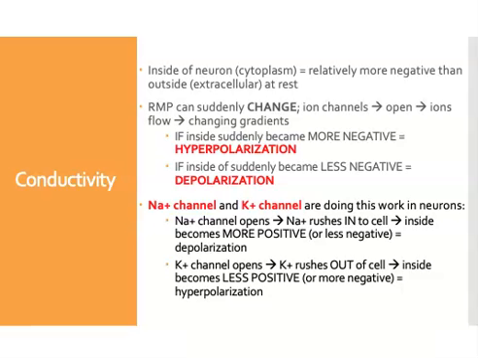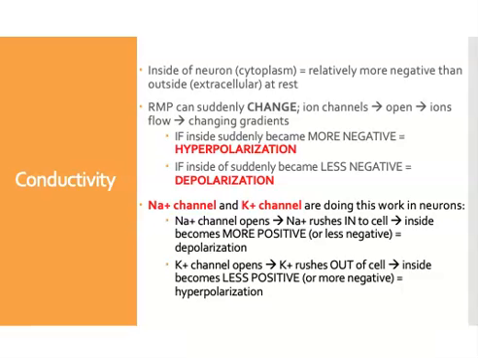And the answer is through differential opening and closing of sodium channels and potassium channels. Remember, at rest, the neuron and all cells are relatively more negative inside than they are outside. By opening and closing sodium and potassium channels, the neuron is going to be able to rapidly change resting membrane potential into other states.